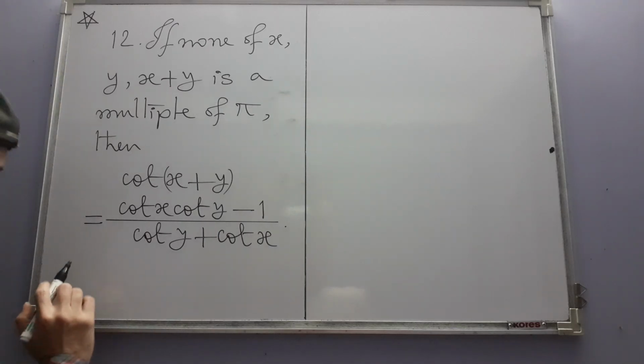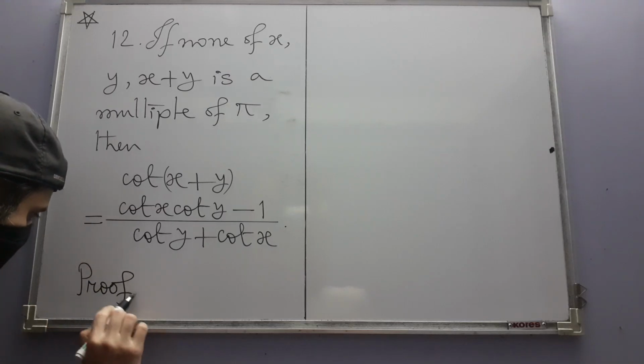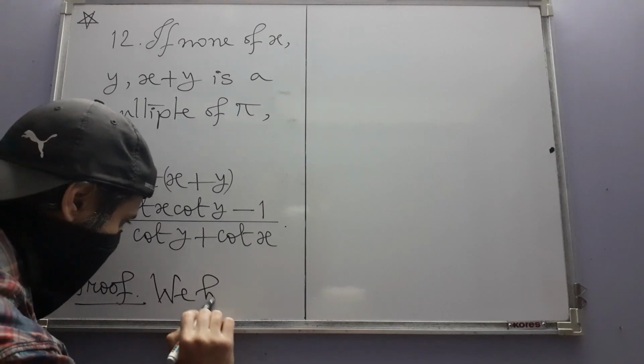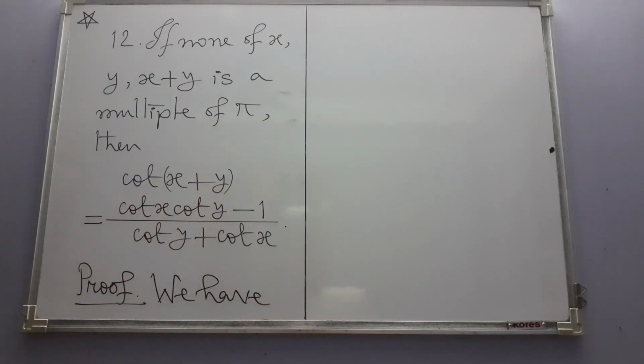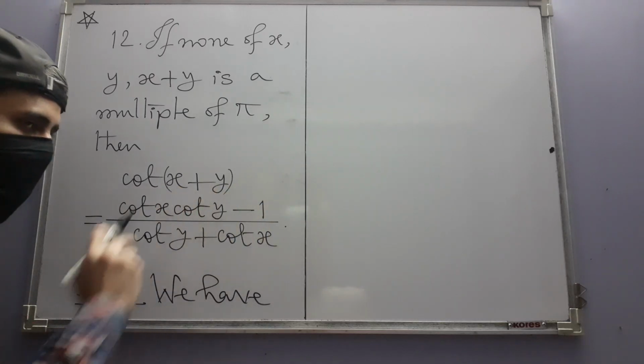The proof is routine, it's nothing difficult. So we of course start with the left hand side. If you want, you can start with the right hand side also, but this is easier.